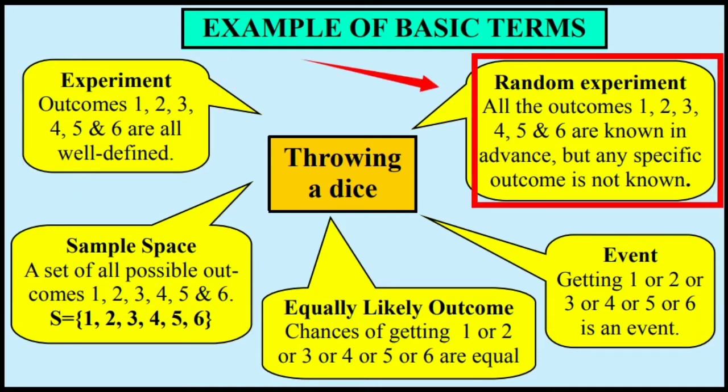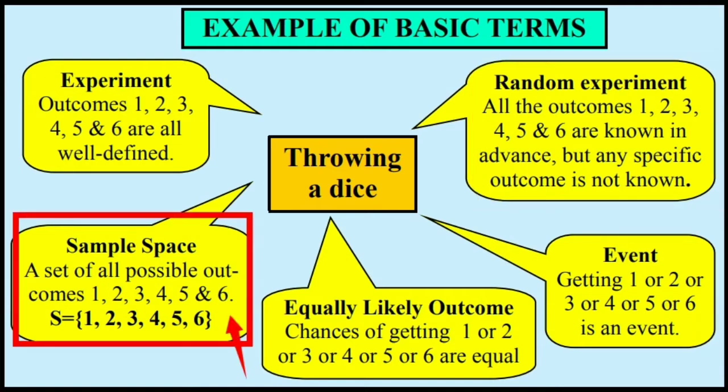The next one is random experiment. Since all the outcomes 1, 2, 3, 4, 5, 6 are known in advance, but any specific outcome is not known, it means while throwing a dice, which point will occur is not known in advance. Hence, it is a random experiment.